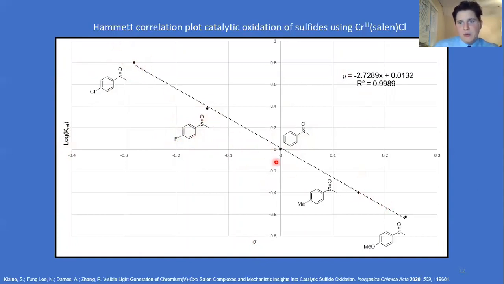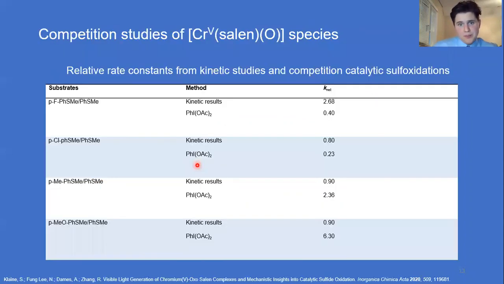From the slope, we got a rho value of negative 2.73. And this value corresponds to basically the reaction sensitivity to these various substituents. So in general, this reaction is very sensitive. The most important thing to take away from this is that this information suggests that there's a development of a positive charge at the reaction center during the rate limiting step.